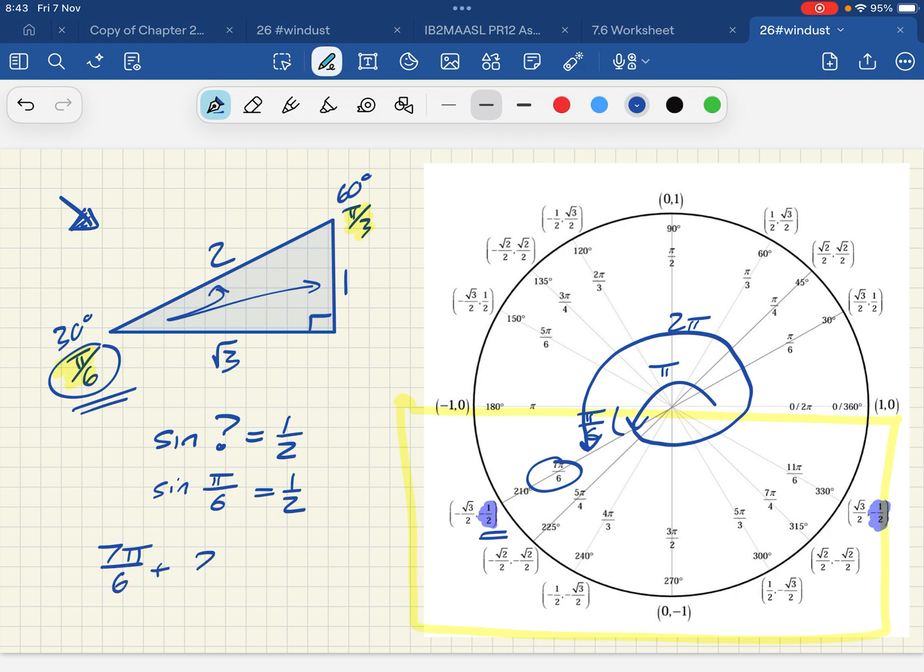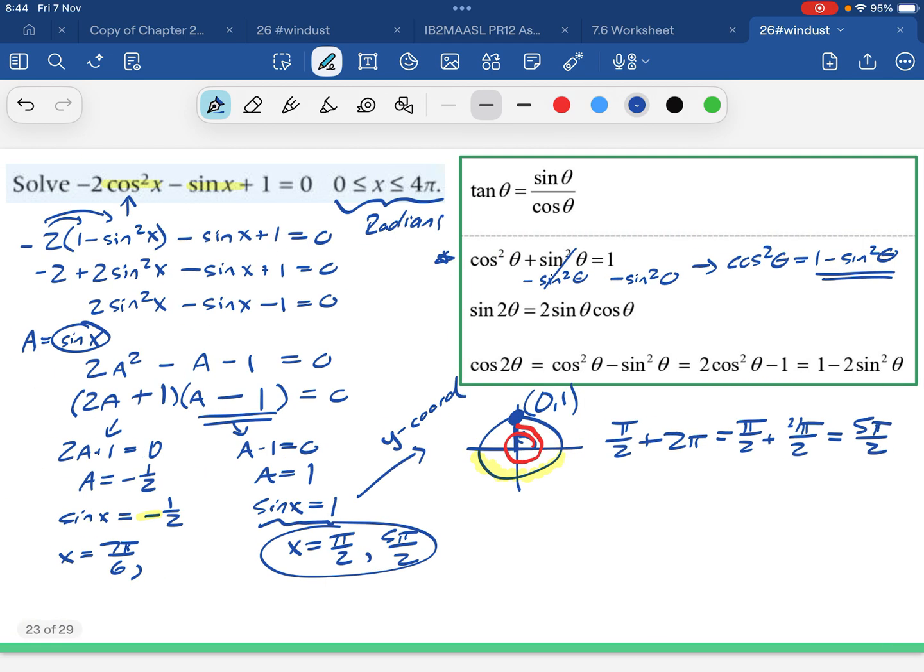Now, I could just write 2 pi, but in order to add these, I need a common denominator. So the equivalent thing to 2 pi would be 12 pi over 6. I could add those, and that would give me 19 pi over 6. So that would be another solution. So x is 7 pi over 6 and 19 pi over 6.